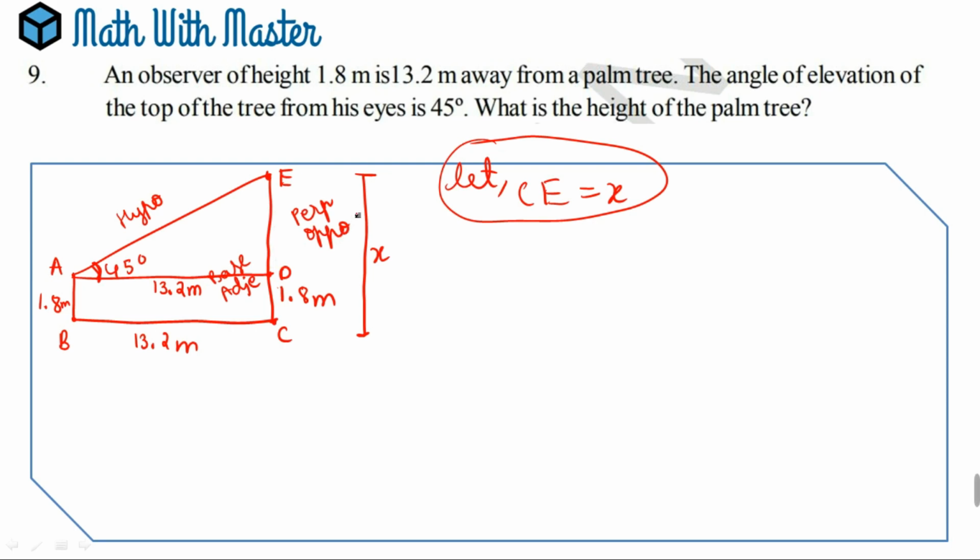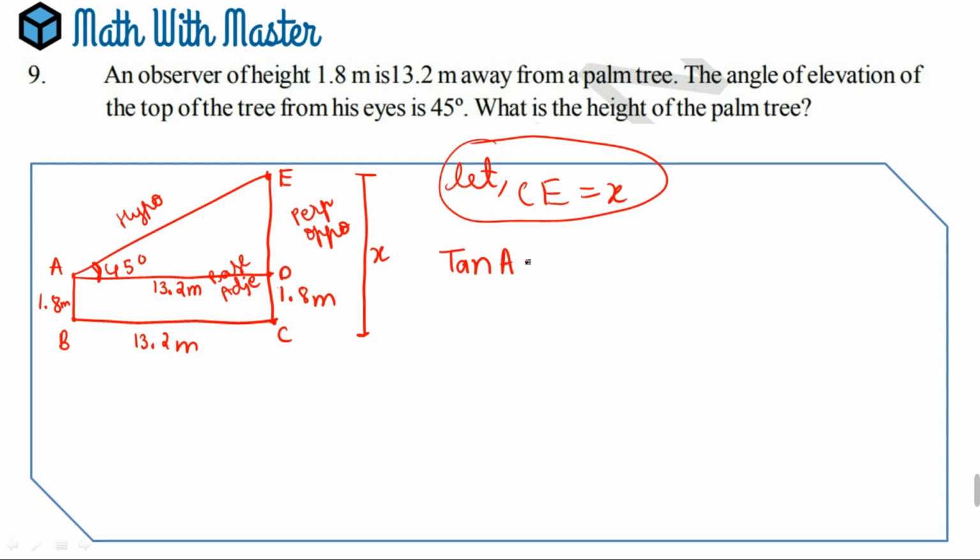To find that, we can use two trigonometric ratios, which are cot theta and tan theta, because one is perpendicular upon base and the other is base upon perpendicular. So we are using the tan trigonometric ratio over here.